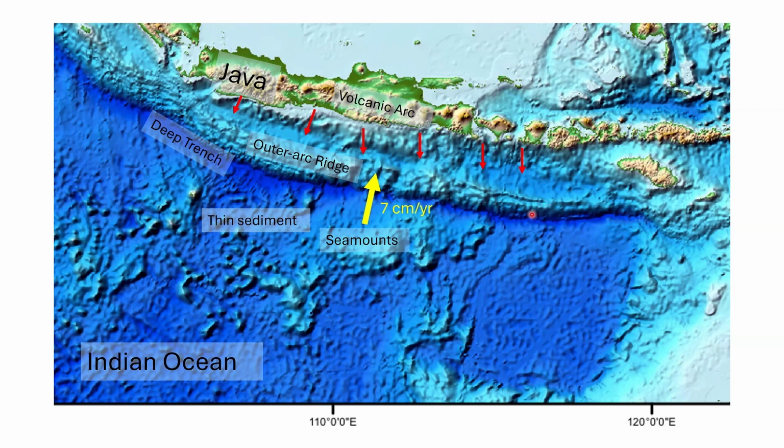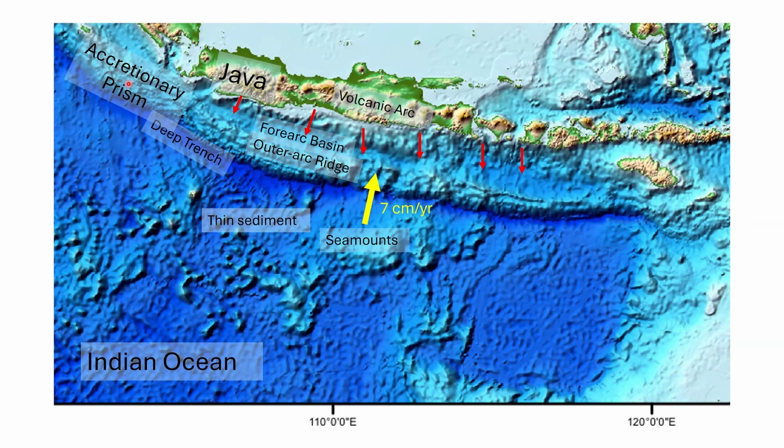This outer arc ridge is formed from highly deformed sediment, stripped off of the oceanic plate, forming a ridge, which then forms a barrier to all the sediment coming off of the volcanic arc to form what we call a forearc basin.